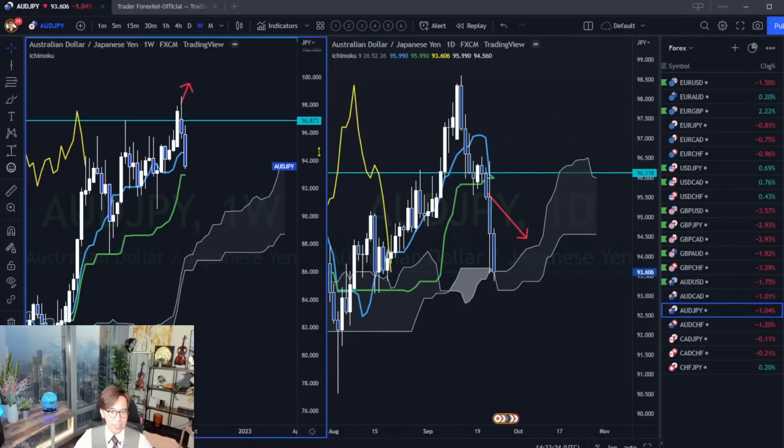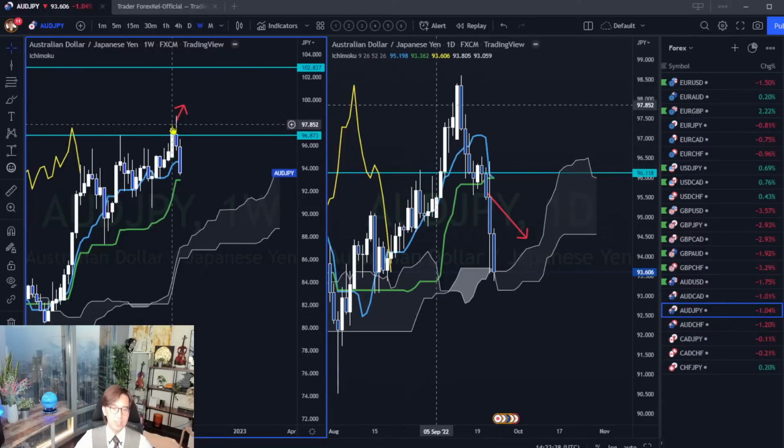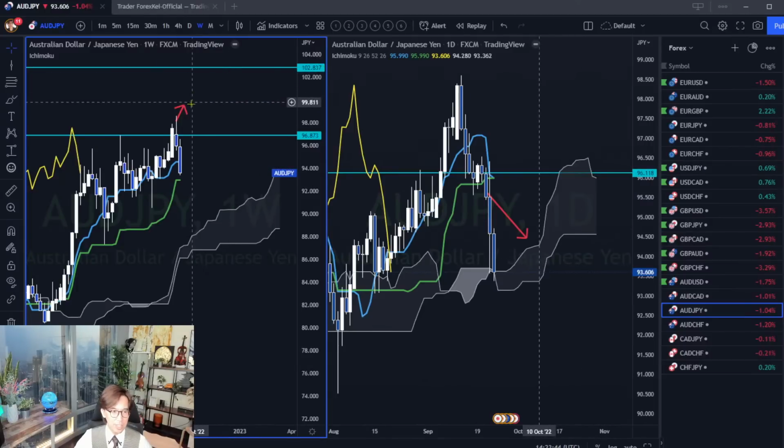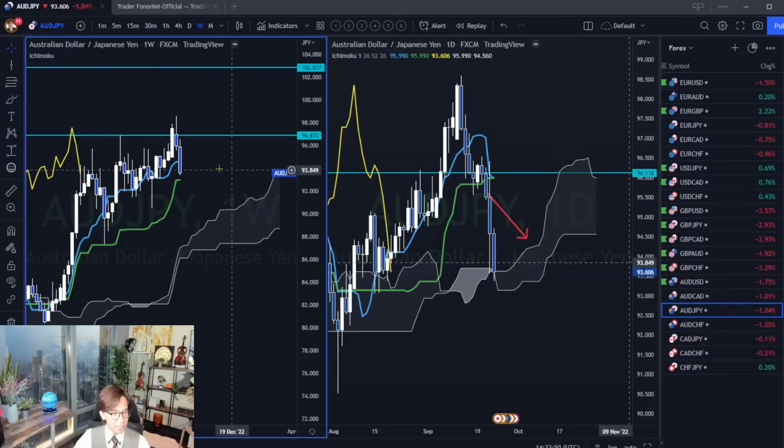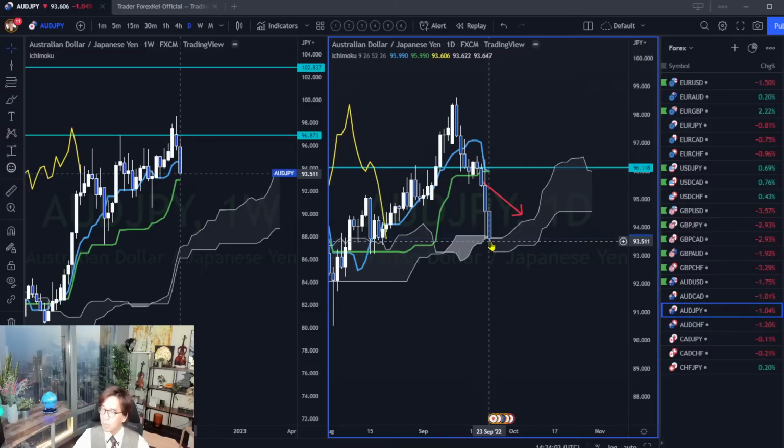Okay, next one is the AUD JPY. It was up 2 weeks ago, but last week became bearish. So now I take out this upper row and also Chikou span touching on the weekly. So the market may range or retrace back to Kumo in this case. And with that in mind, if you also check the daily chart, it actually went down all the way to Kumo and it's about to break.